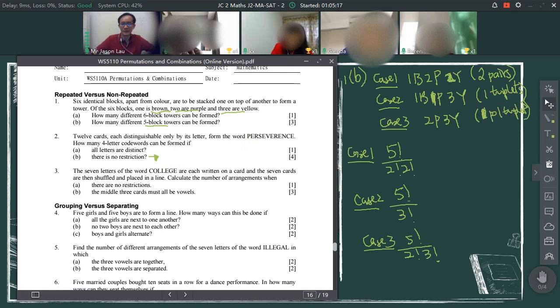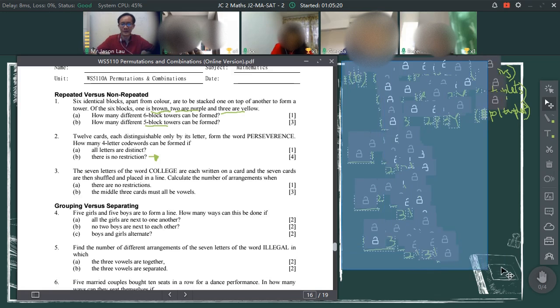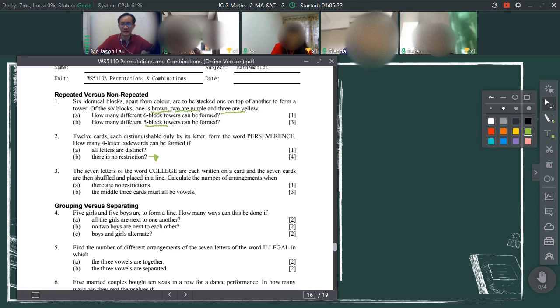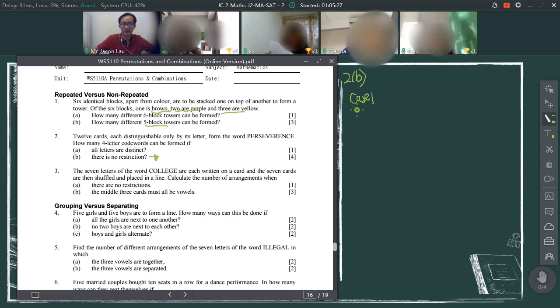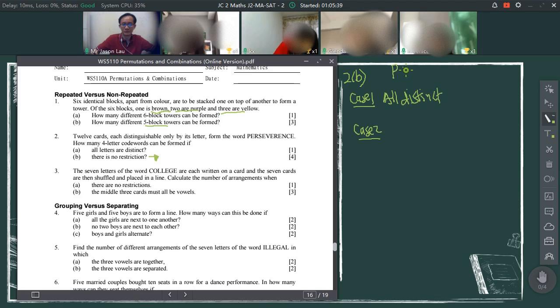There'll be a few cases, so I'll talk about this case and see whether you get these cases. First case is this, all distinct, right? Is it all distinct? Isn't E 5? How many?